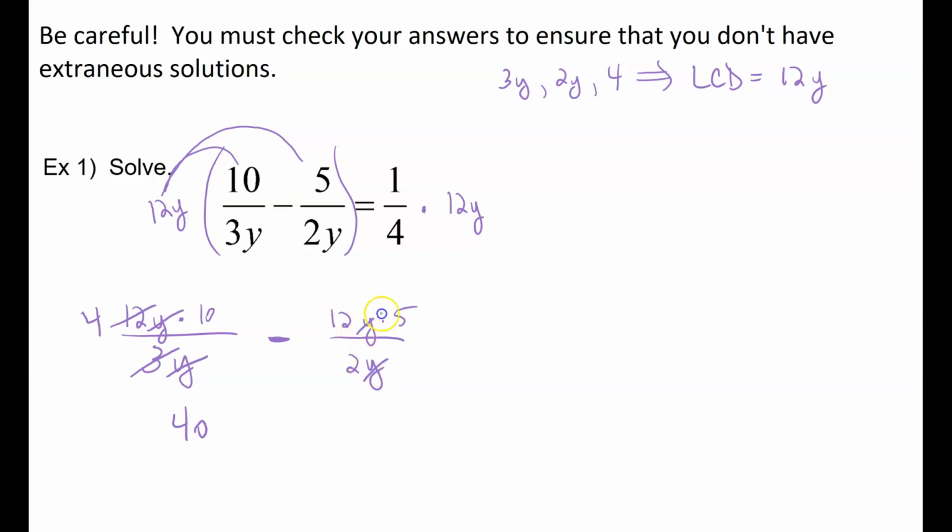So the y's again will divide out. 2 goes into 12 6 times, and we're left with 6 times 5, which is 30. So 40 minus 30 equal to, and the last one, 12y times 1 over 4. And again, 4 goes evenly into 12 3 times, and we're left with 3y on the right side.